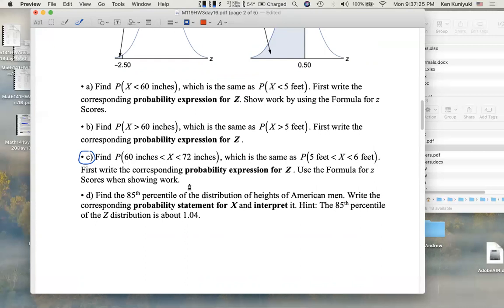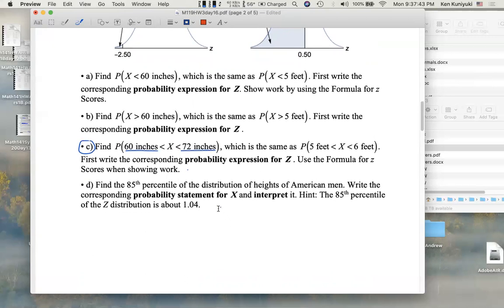First, let's write down the corresponding probability expression for Z. So you need to find the Z scores for this and for this. For 60 inches, the corresponding Z score is given by the formula X minus mu all over sigma.